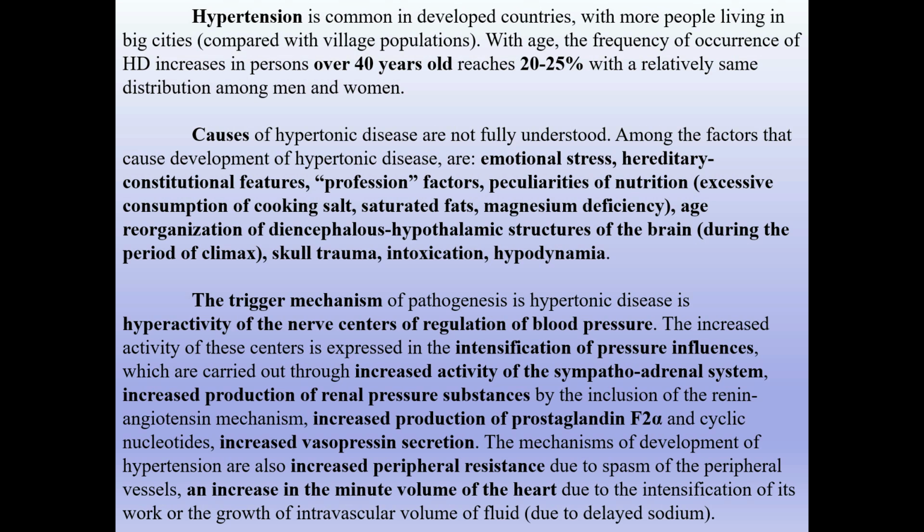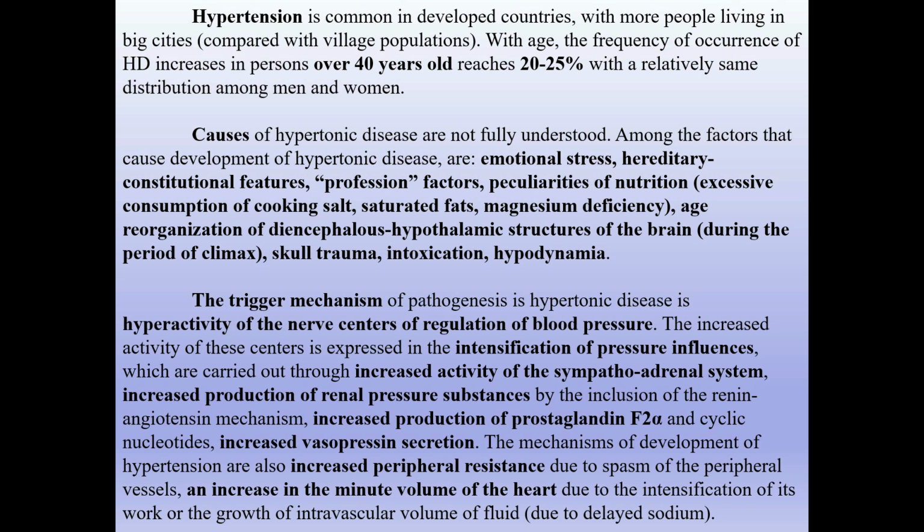Among the factors that cause its development are emotional stress, hereditary constitutional features, professional factors, peculiarities of nutrition, excessive consumption of cooking salt, saturated fats, magnesium deficiency, age-related reorganization of the diencephalic hypothalamic structures of the brain during the period of climax, skull trauma, intoxication, hypodynamia.